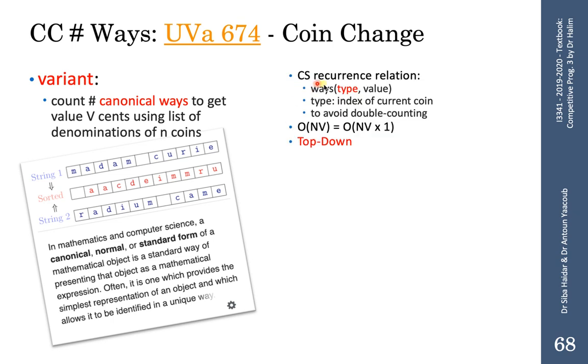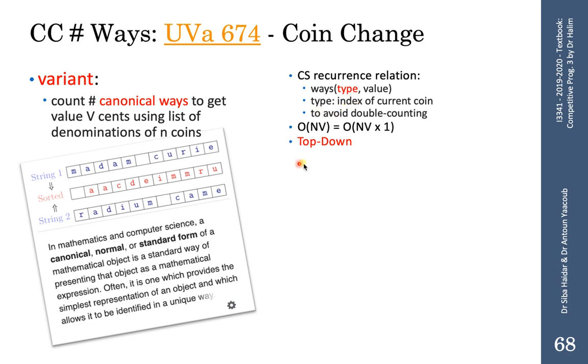So here our complete search recurrence relation will, in addition to the value that we used in our previous state, add another parameter for the state, which is the type. And why do we add the type?